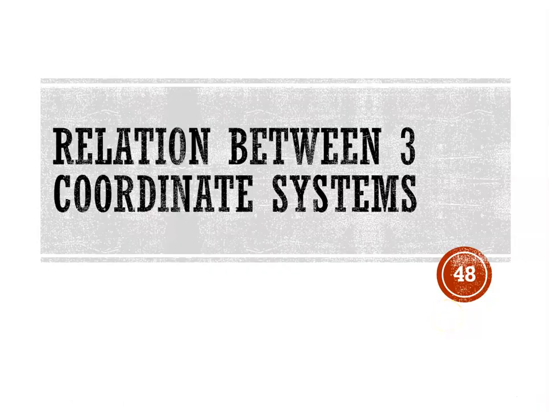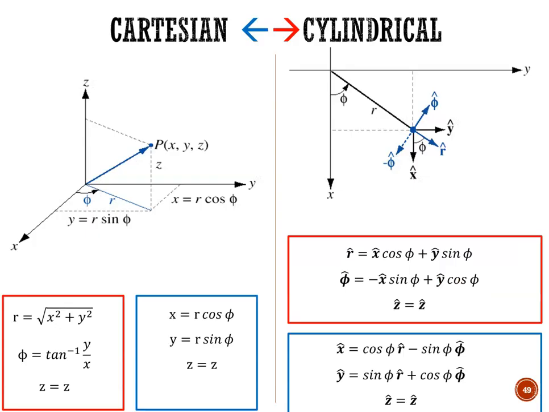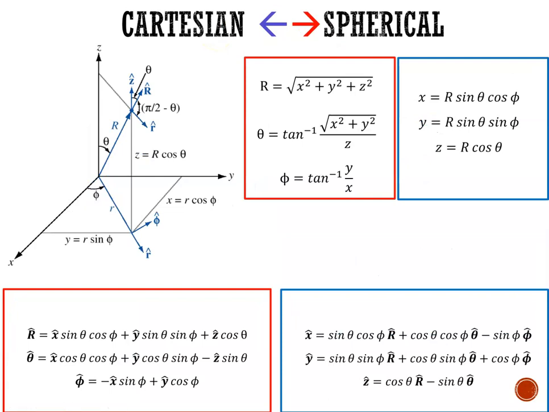Now, relation between the three coordinate systems. You can change from Cartesian to cylindrical or the other way around, or from Cartesian to spherical, or vice versa, or from spherical to cylindrical, or vice versa. In this case, you have Cartesian to cylindrical or from cylindrical to Cartesian. In this case, you are changing from Cartesian to spherical or from spherical to Cartesian.